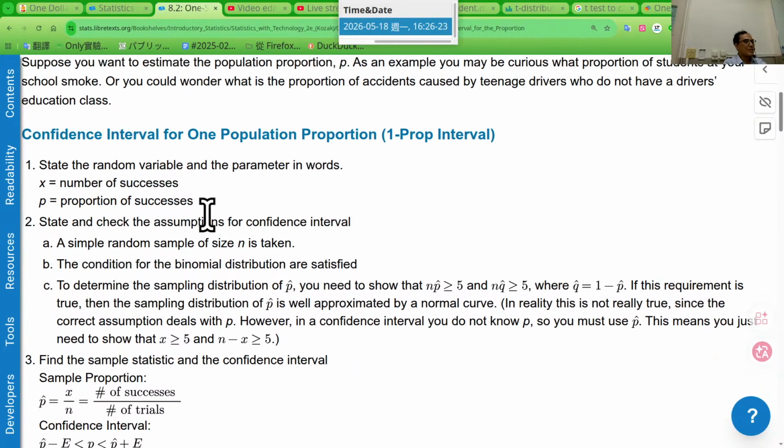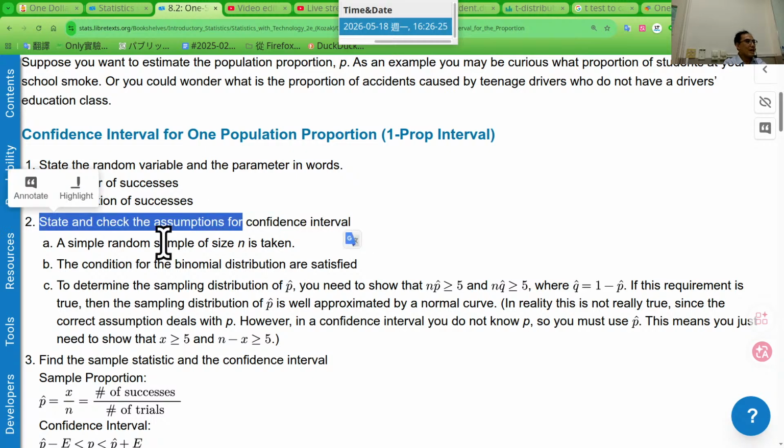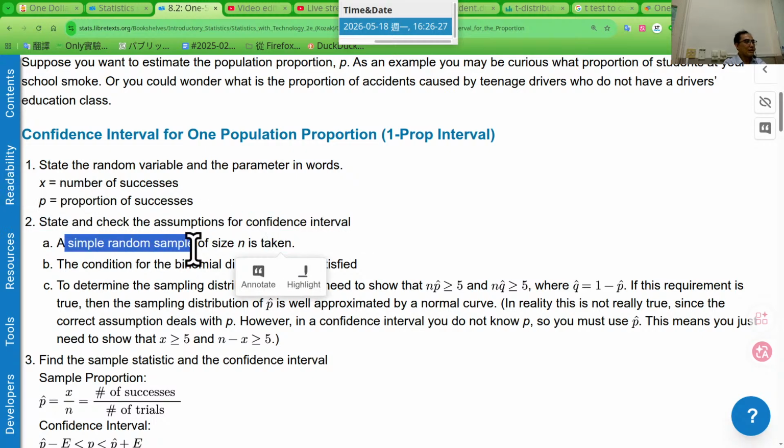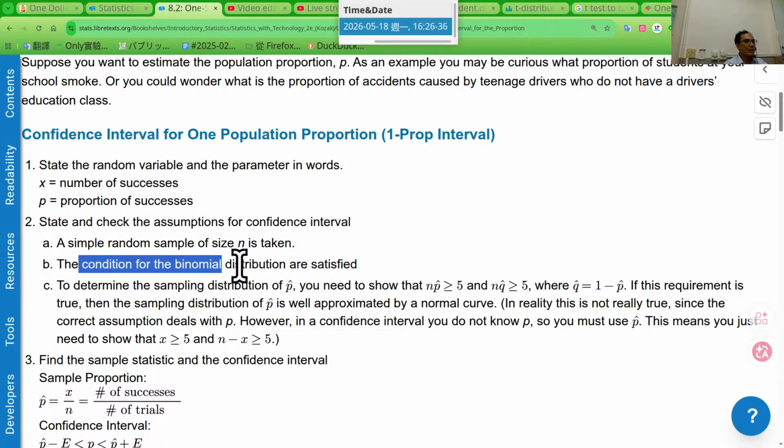State and check the assumptions of the confidence interval. A, a simple random sample of size n is taken. B, the conditions for the binomial distribution are satisfied. Why is that a binomial distribution?